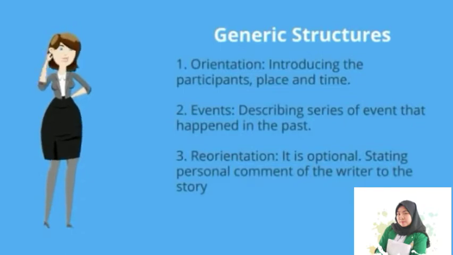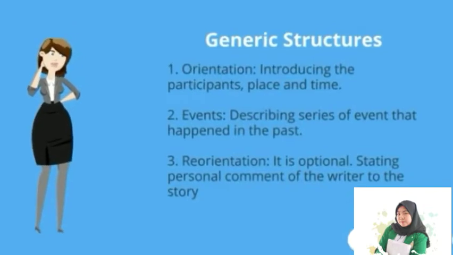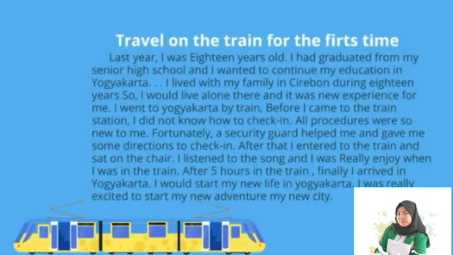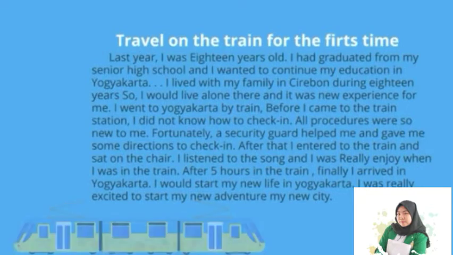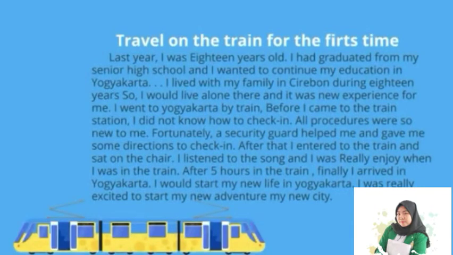And the last, there is reorientation. It is optional, stating the personal comment of the writer to the story. So this is the example of recount text. Travel on the train for the first time. You can read by yourself.